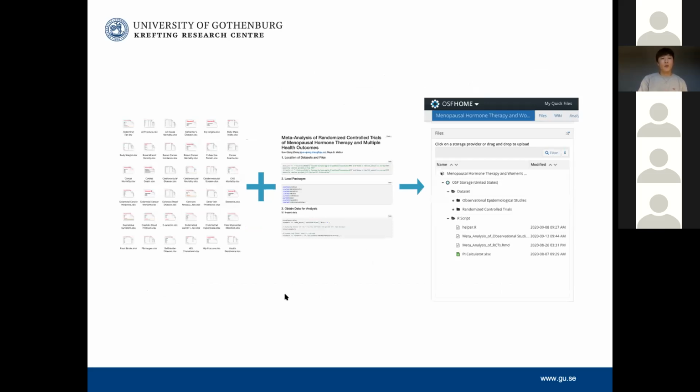And lastly, we shared the data sets we extracted, along with the analysis code, on the OSF online repository, so that interested investigators would be able to access them if they want to verify or reproduce our results.